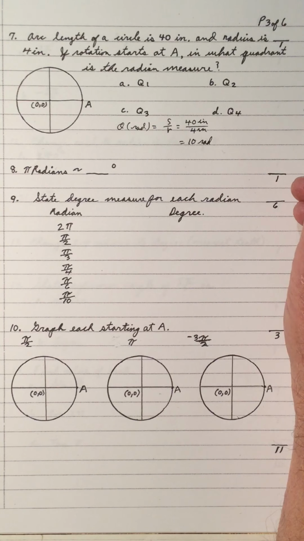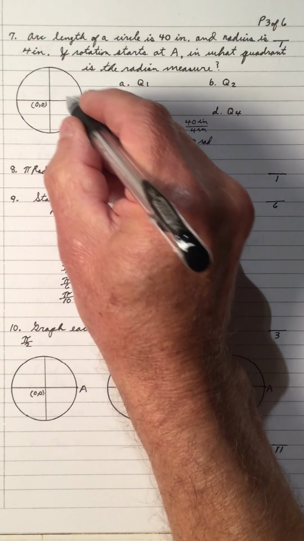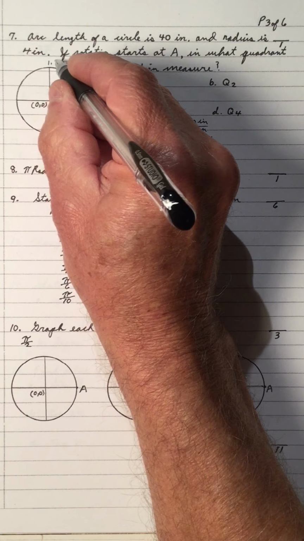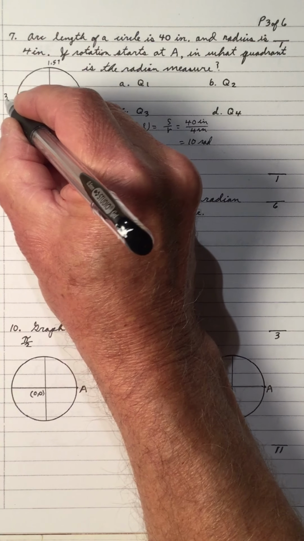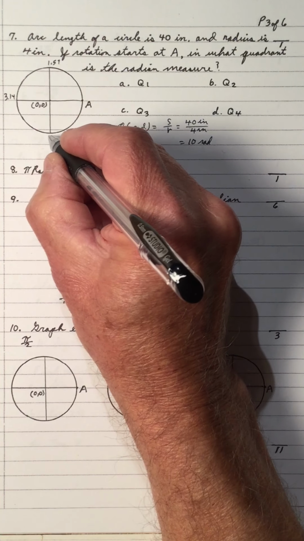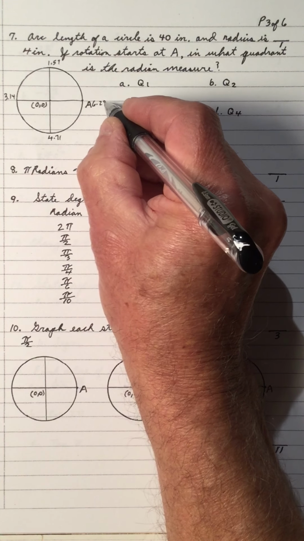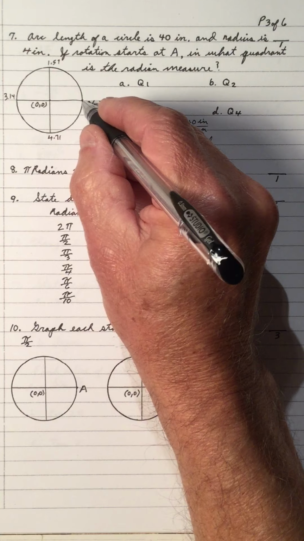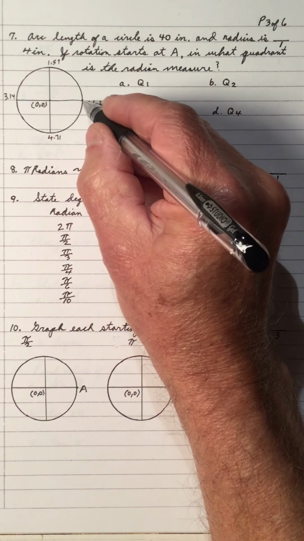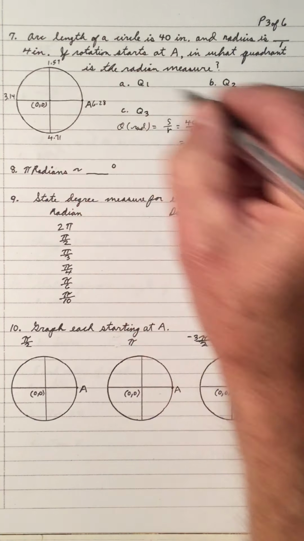And 10 radians, well, this is 1.57, 3.14 is a radian, 4.71, and 6.28. So 10 radians is right around the circle to here. Come back to A again.